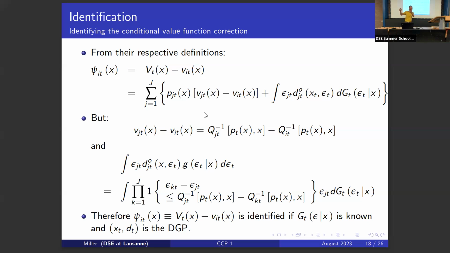What do I mean by right region? Here we have the joint distribution of the taste shocks. Sometimes you're going to make little j, sometimes you're going to make little k choice. Optimally, so let's put that in here, because you're making optimal choices. And when you do that, you get the epsilon that's associated with that optimal choice.